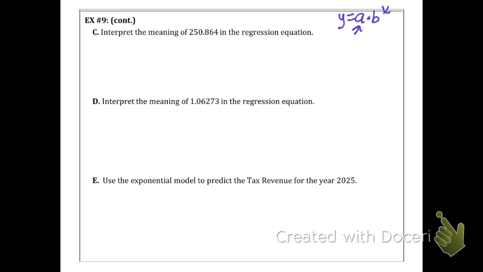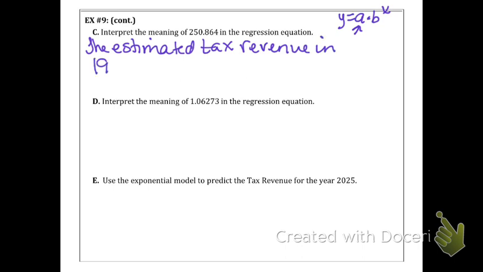So the 250.864, this is going to be the estimated tax revenue in 1970, because that was our year 0, is 250.864 billion dollars.